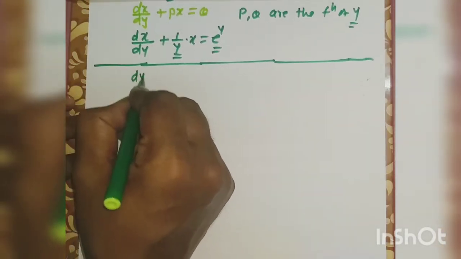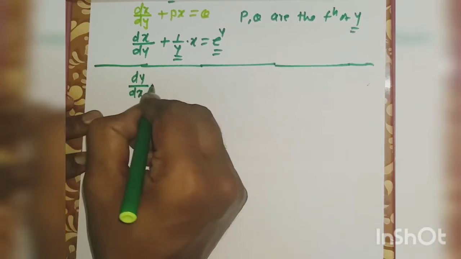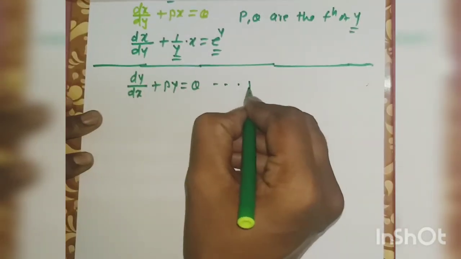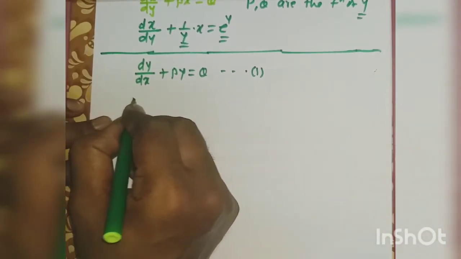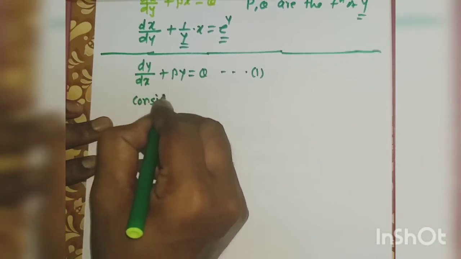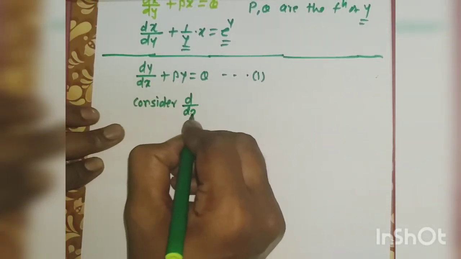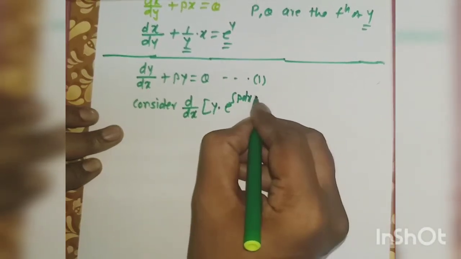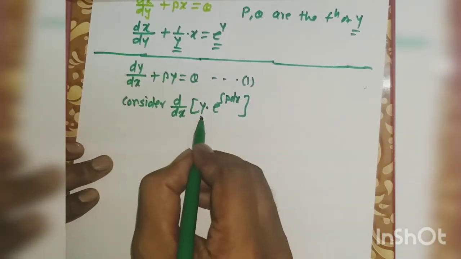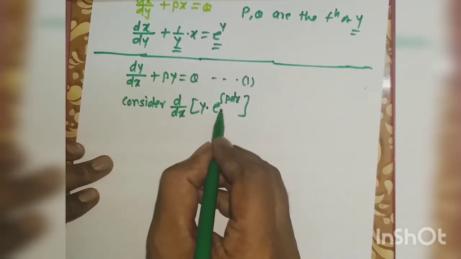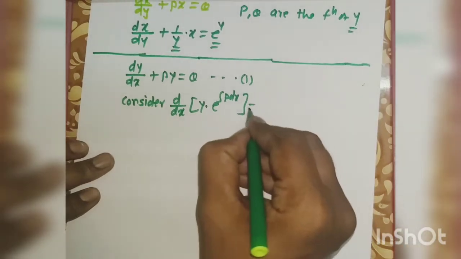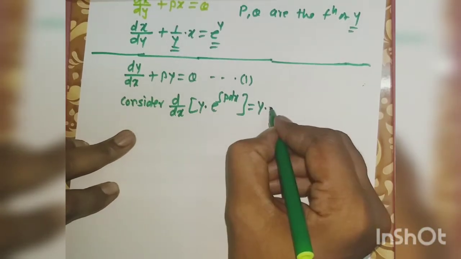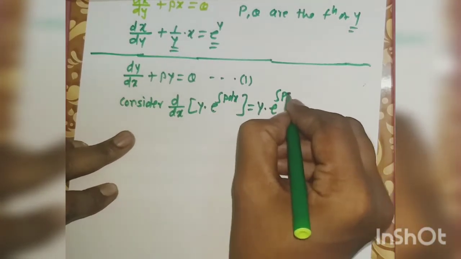Now the linear differential equation, the form is dy by dx plus py is equal to q. Right, equation 1. Now consider d by dx of y into e raised to integration p dx. We take the derivative of this product of functions, y into e raised to integration p dx, which is equal to y times the derivative of e raised to integration p dx, plus e raised to integration p dx times the derivative of y.